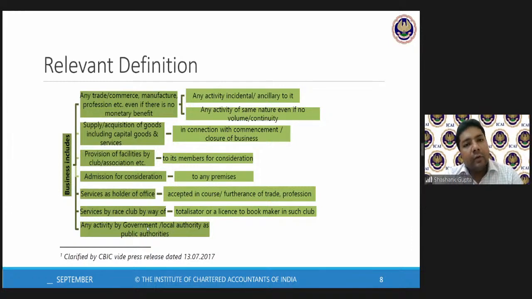Now, this government would include central government and state government both, and even local authority as public authorities, meaning thereby that the government doing anything in the capacity of public authority per se has been included in the definition of the term business.